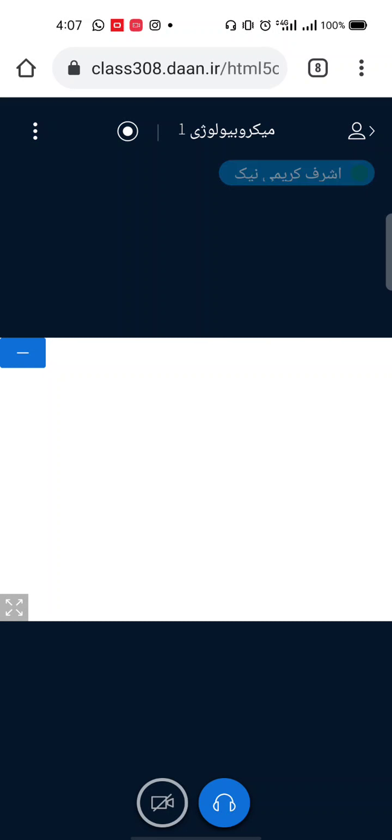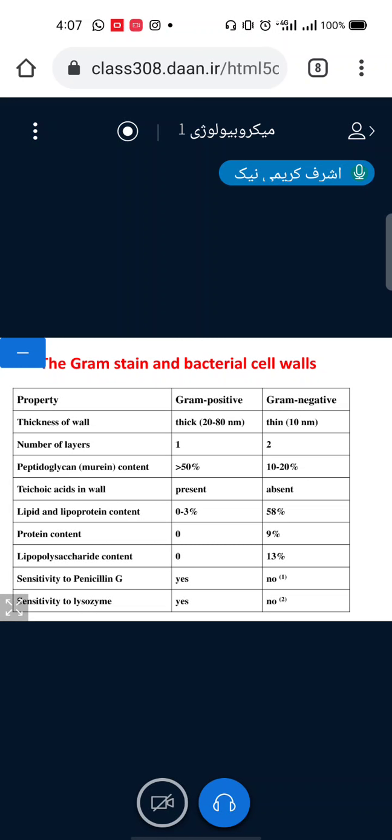And the last slide. In this slide, you can see the difference in the bacterial cell wall in gram-positive and gram-negative bacteria, and compare them. Property. Thickness of wall.